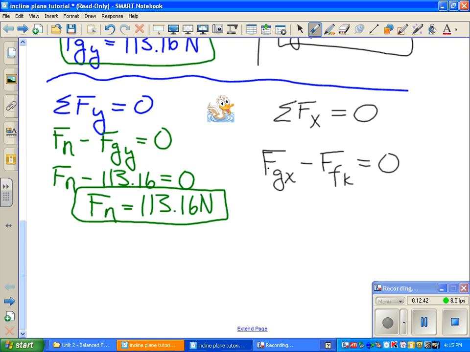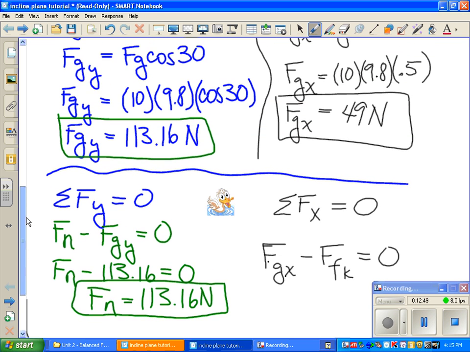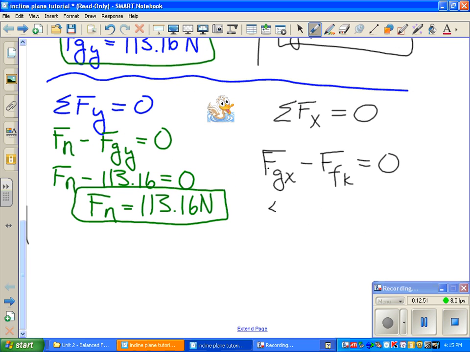So they equal 0 because they're all balanced. Fg of x, let's see, what was that? Oh no, I drew on the page. 49. So we have 49 minus the force of kinetic friction equaling 0.